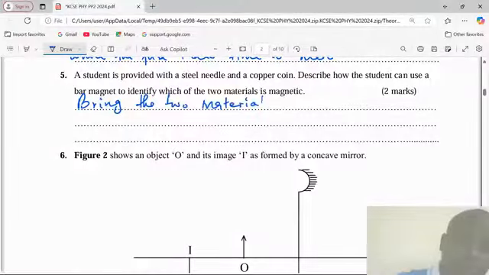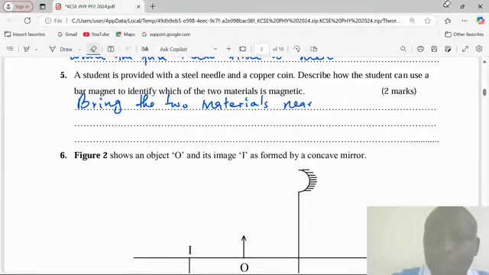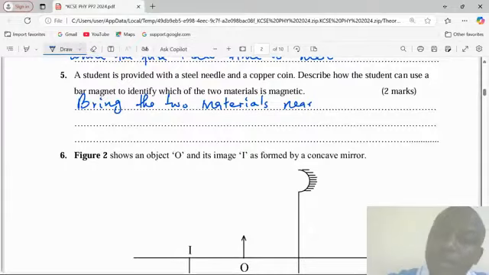Bring them, one at a time, near a bar magnet, or a permanent magnet.